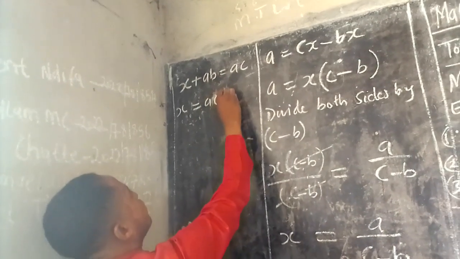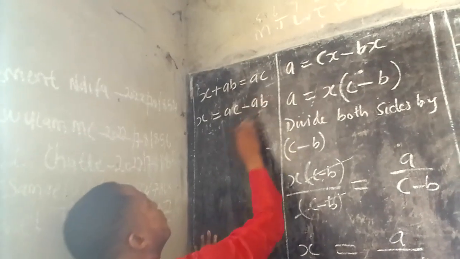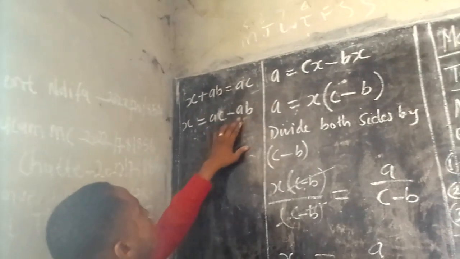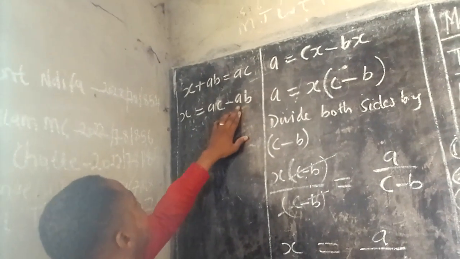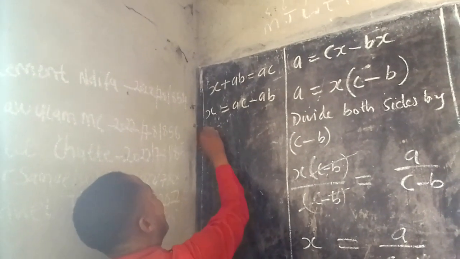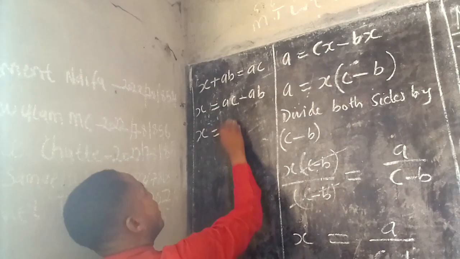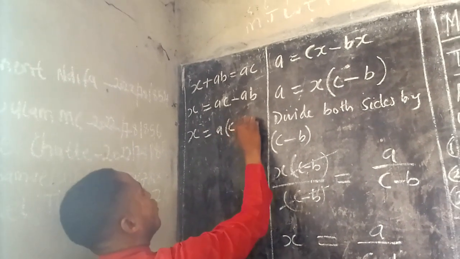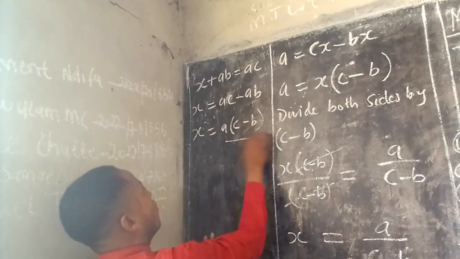When it crosses equality, it becomes minus ab. So a is here, a is here. So we can look for what is common. And what is common here is what? a. Alright? So we have x equals a bracket c minus b. That is our answer.